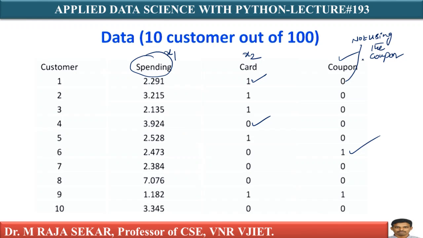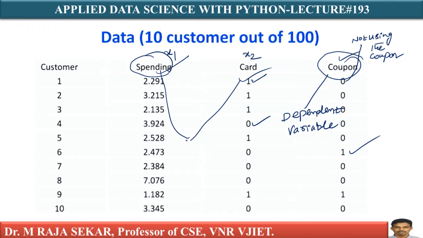You must understand here, this coupon is the dependent variable, whereas spending and card are independent variables.